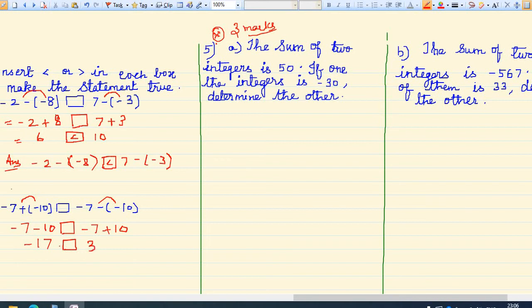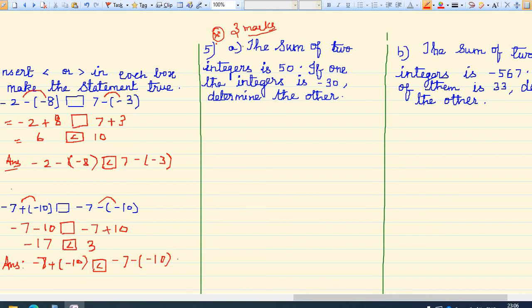I am comparing the negative number with the positive integer. So obviously my positive integer is greater. So now write the answer for this. Minus 7 plus of minus 10, box, less than minus 7 minus of minus 10. So this is my answer.